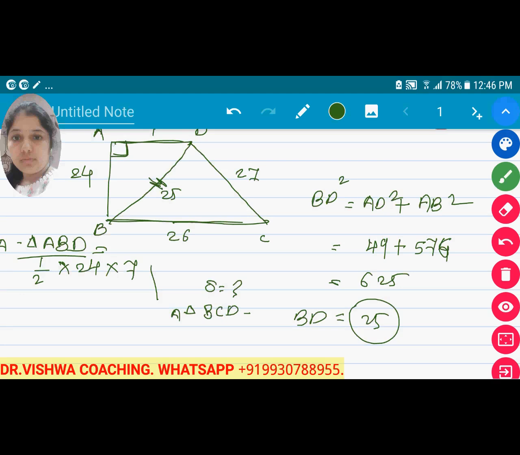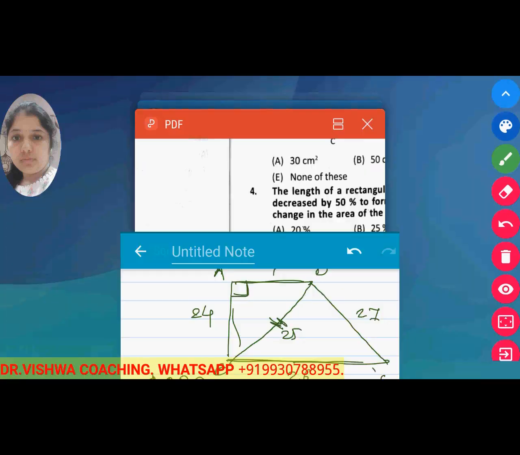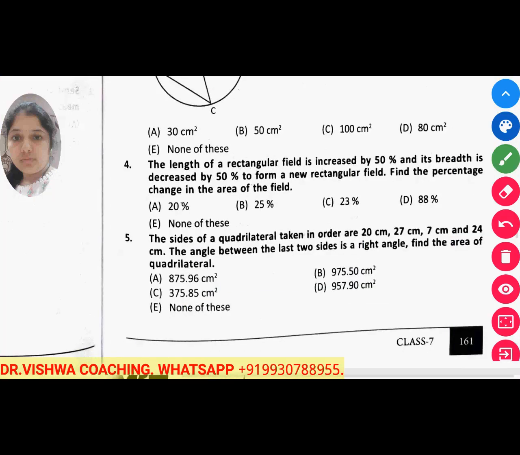In this, one of the triangles is a right angle triangle, so the formula is 1/2 base into height, and for the other triangle the formula is under root s into (s minus a)(s minus b)(s minus c), all in multiplication. After finding both the areas you have to add them to find the area of the quadrilateral. Okay, so the rest of the thing you can solve on your own.